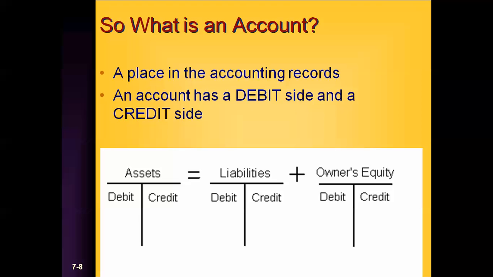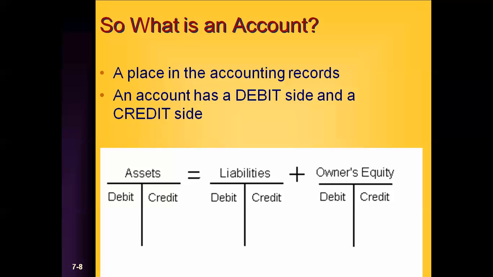So this is called an account, and an account is a place where accounting records are contained, and the information pertaining to a particular asset, liability, or owner's equity account is maintained. That's what an account is.